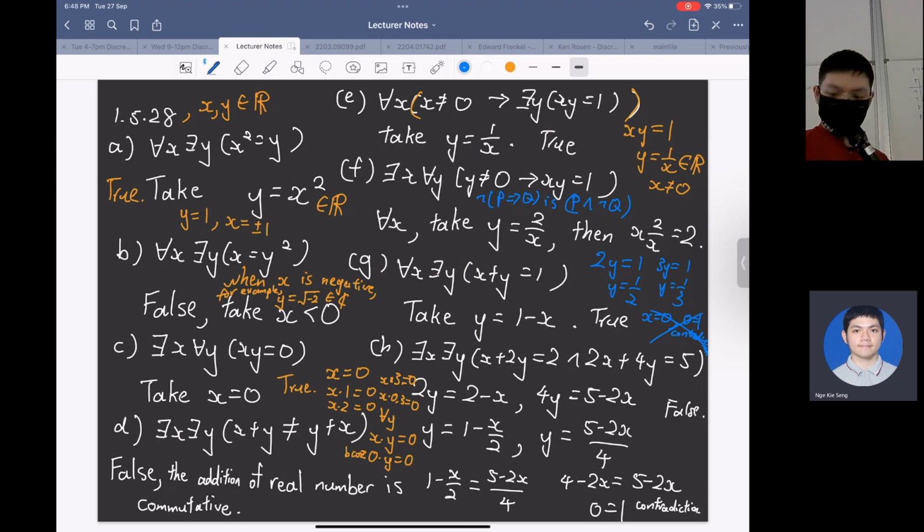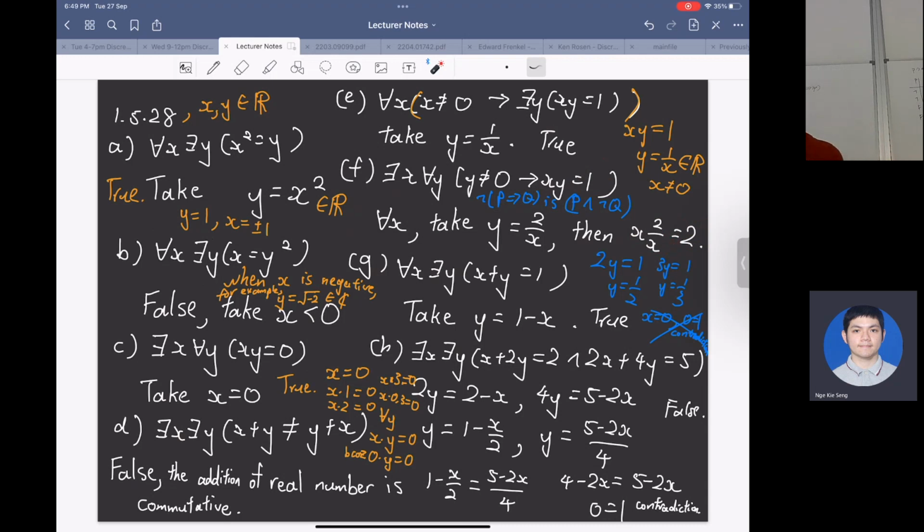And this one, put negation. So for every x, I need to find a y such that this is not true. So I get x times 2 over x equal to 2, instead of 1, not equal to 1.